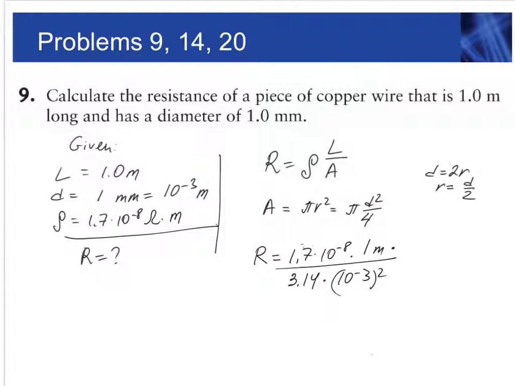Instead of dividing by 4, we're going to multiply the whole fraction by 4. That's the formula, and there's a number, so if we plug it into our calculator, the answer we're going to get is 2.2 times 10 to the negative 2 ohms. Okay, let's go to the next problem.